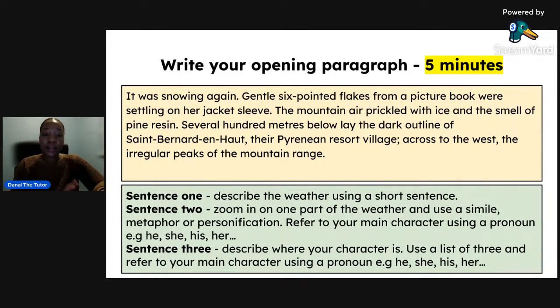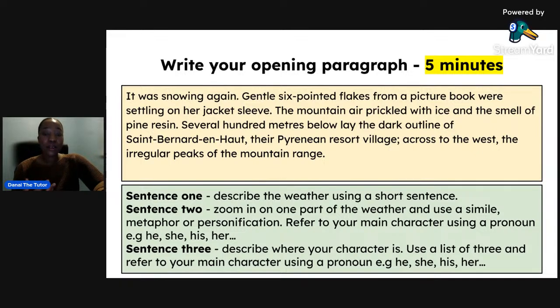They've zoomed in, used a language technique, and referred to the main character using a pronoun, her jacket sleeve. They haven't gone into much detail about the character, but they have zoomed in on the character themselves.